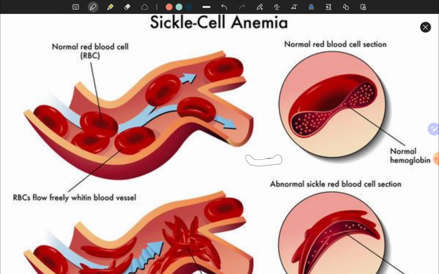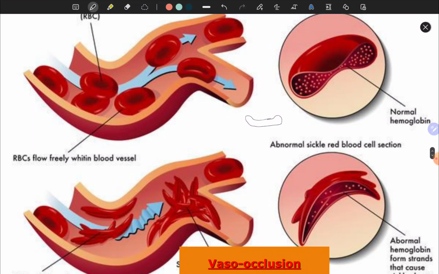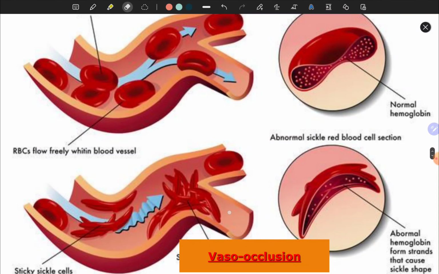But if you have small blood vessels like these, and the RBC morphology is elongated, the polymers will give the RBC rigidity, non-compressibility, and adhesion to the endothelium. They have a tendency to aggregate, with intrinsic features that make them aggregate and adhere to the endothelium.